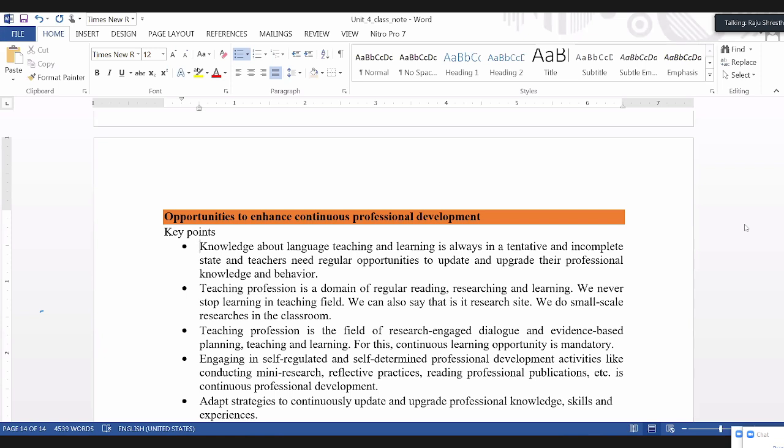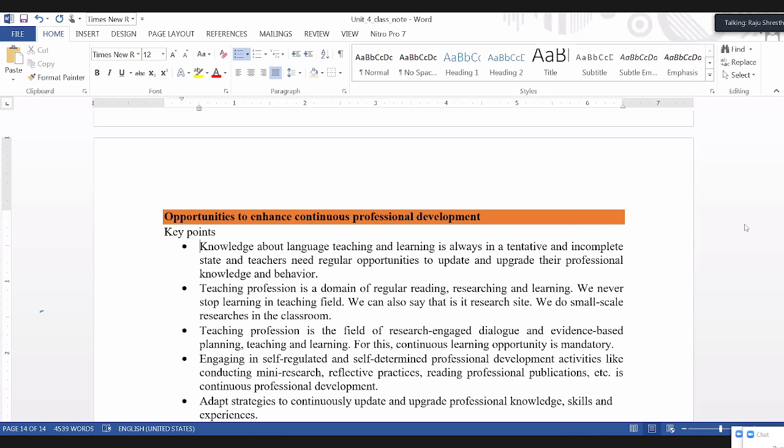So we don't know which particular method, approach, theory, technique will be perfectly implementable to help learners to learn. We don't know. There are many approaches, theories, methods, techniques, texts, tasks, activities we can use in the classroom.